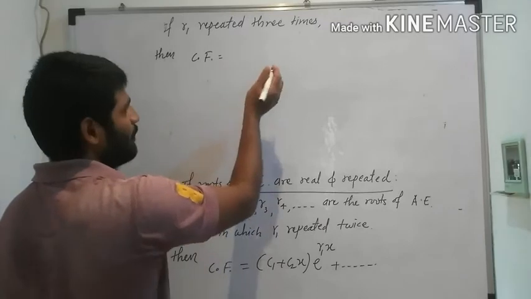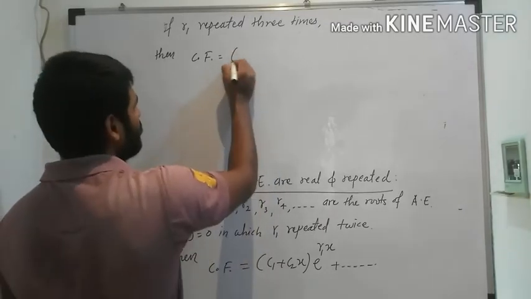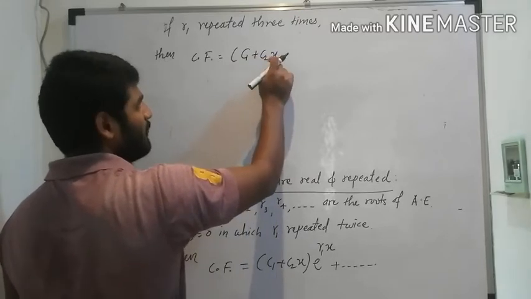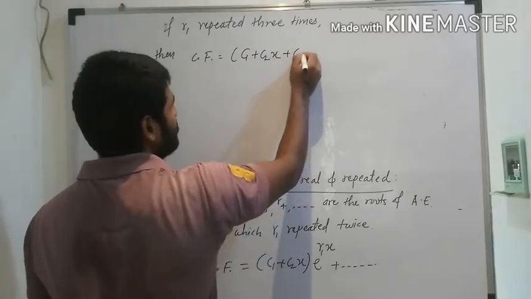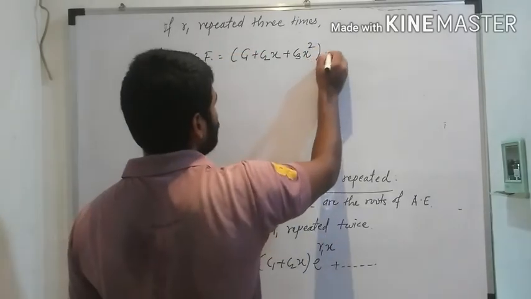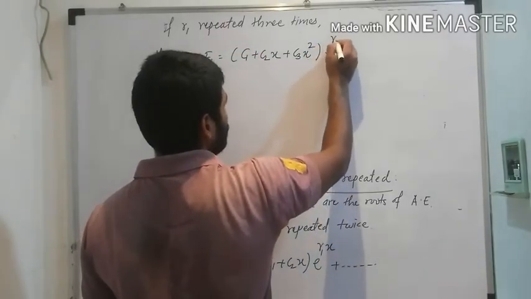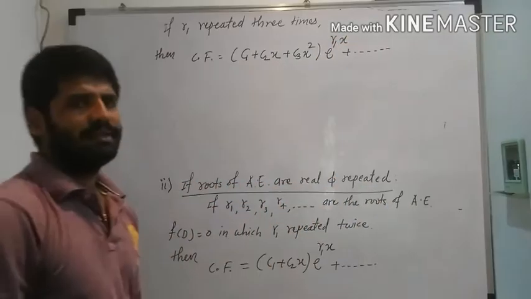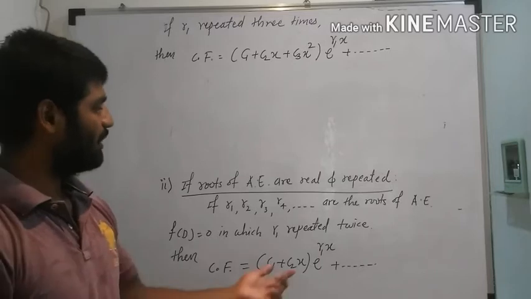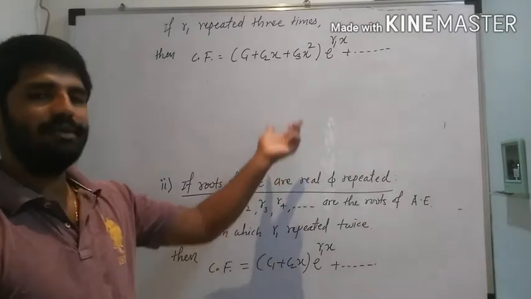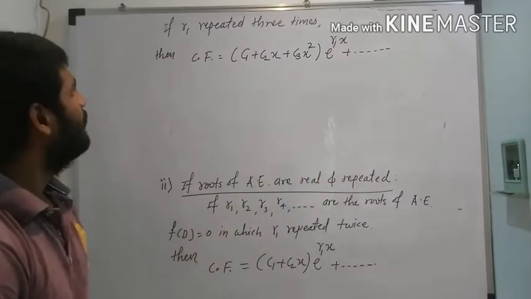So corresponding to that, we have to take three constants. So we have to write C1 + C2 x, where x is the independent variable, plus C3 x square, the next term, into e raised to the repeated root, that is R1 into x, plus so on. If the next root is also repeated, then we have to write again the same as that case, and if distinct, then we have to write the CF for a distinct root.